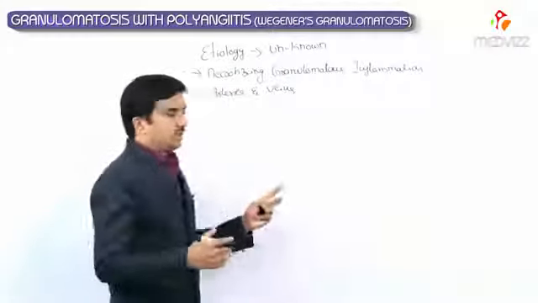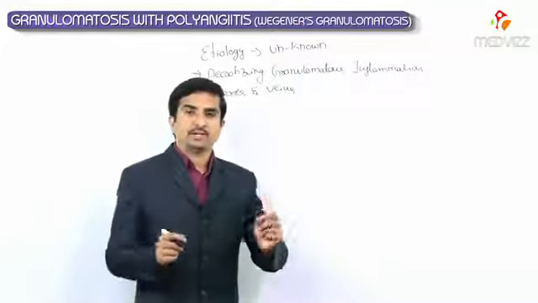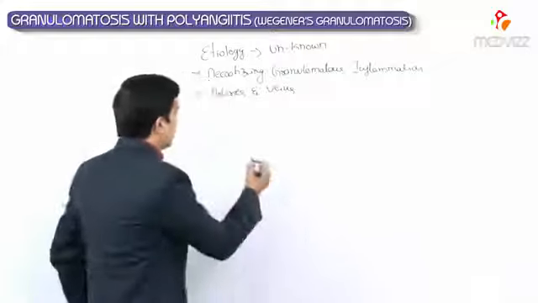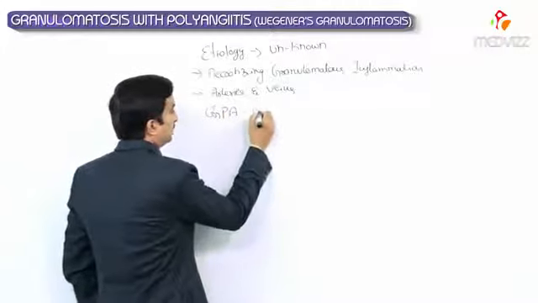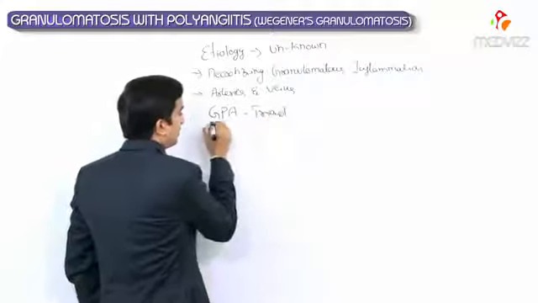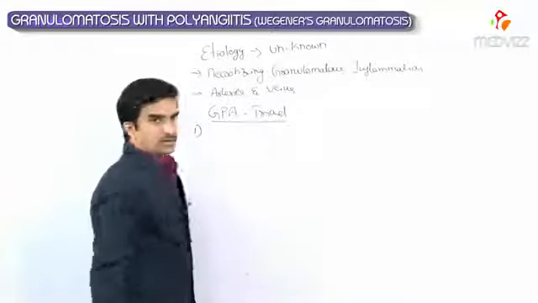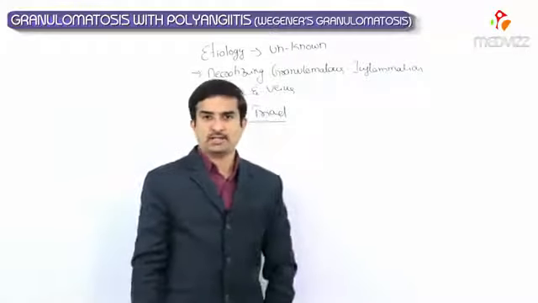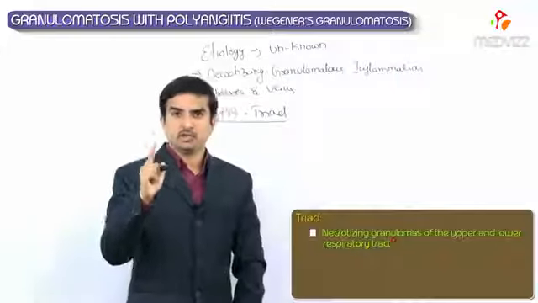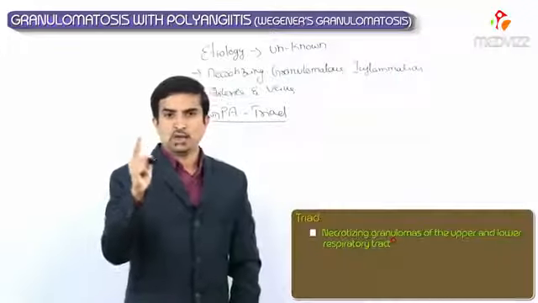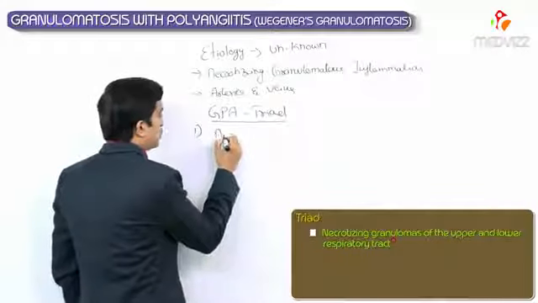For the diagnosis of Wegener's granulomatosis, we need to identify the triad of symptoms. Here we will write the GPA triad. What are the triad of clinical manifestations we will see in granulomatosis with polyangiitis? The first one will be the necrotizing granulomas of the upper and lower respiratory tract.